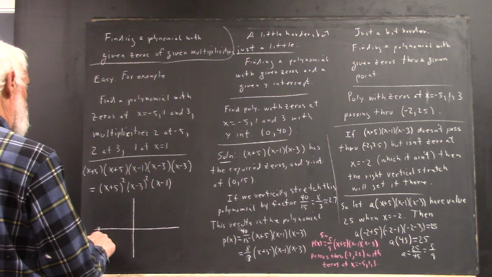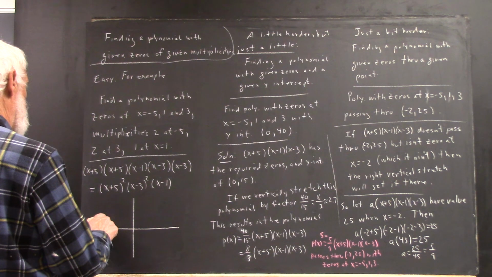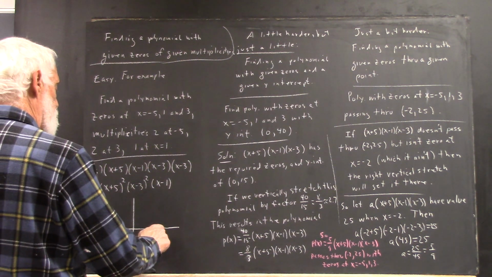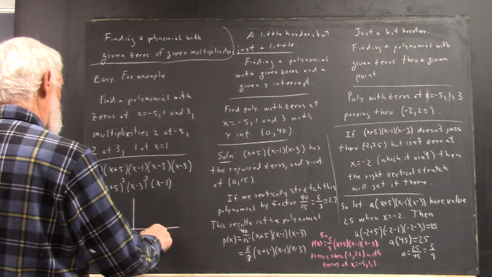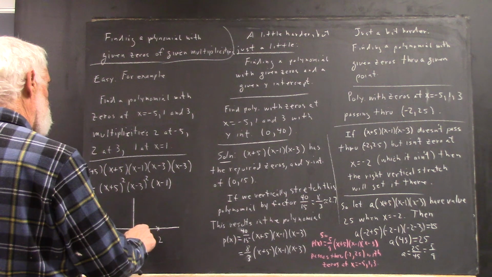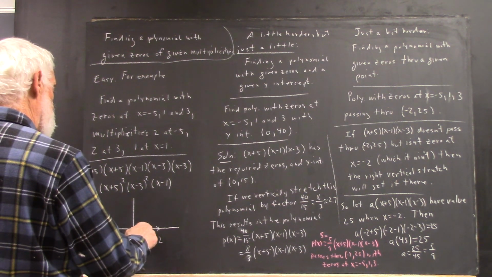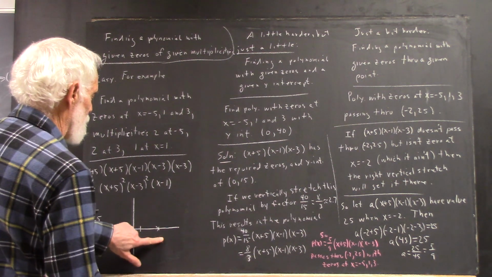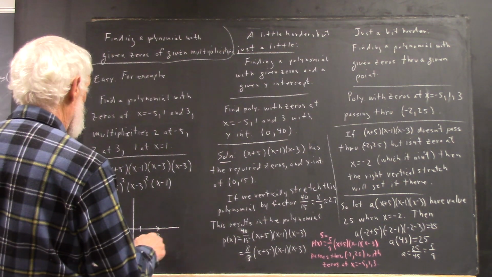So here's -5, and the multiplicity is going to be 2. At x equals 3, we're going to have a 0 of multiplicity 2. And at x equals 1, we're going to have just a regular old 0.